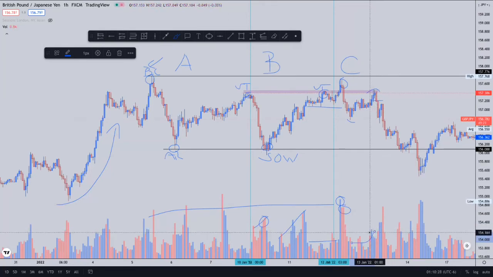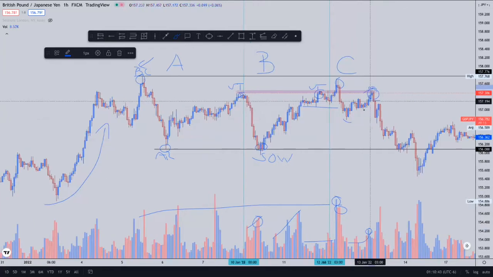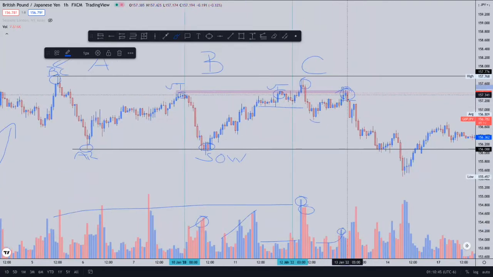But once we got to that point, volume was high and we created a lower high. So this is what I mean by that climactic exhaustion, because volume has increased on the buy side, but it led us to a lower high, right? Not only did we get a lower high, we got a reversal candle.